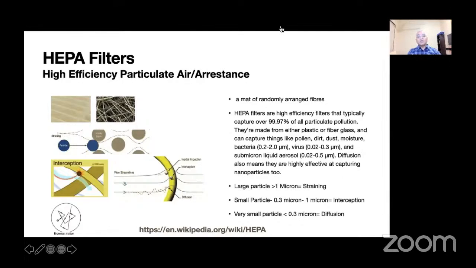And then very small particles, which have their own movement, which is called Brownian movement, will also not be able to follow the air pathway, and they will again get intercepted. So there are three methods described, called straining, interception, and diffusion, used by the HEPA filter to filter even nanoparticles.